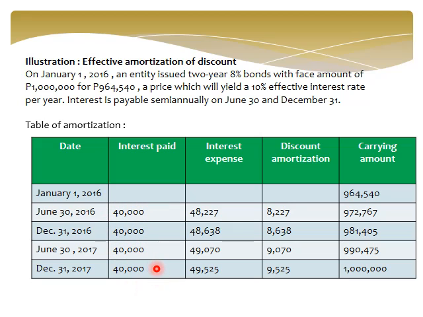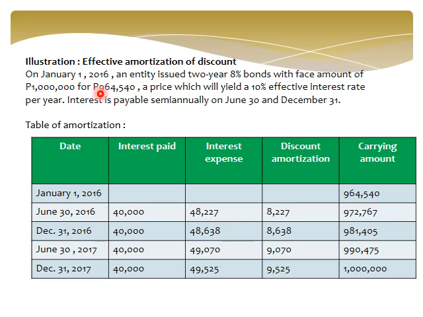Magbabayad si company. How to compute the interest expense naman or the effective interest expense? The carrying amount of 964,540 multiplied by the effective rate. Again, how to compute interest expense? The carrying amount or the present value multiplied by the effective rate. Since semi-annual again, 5%.